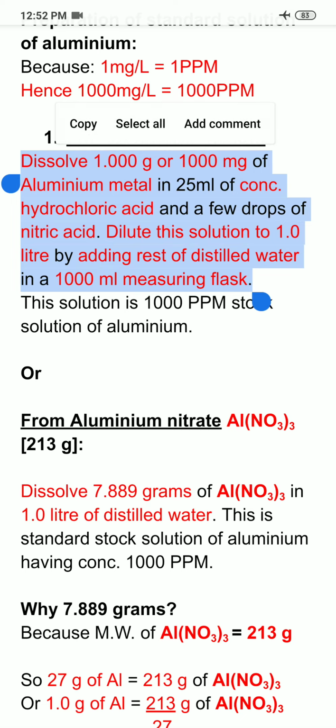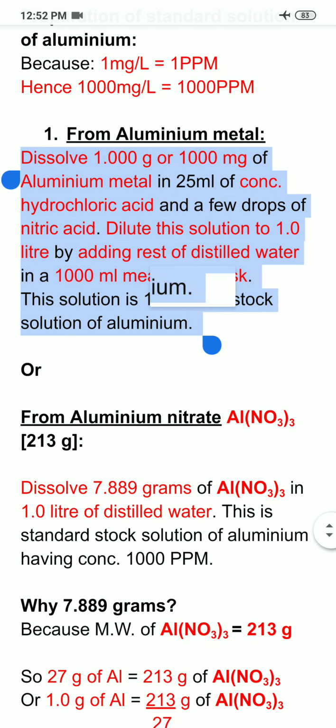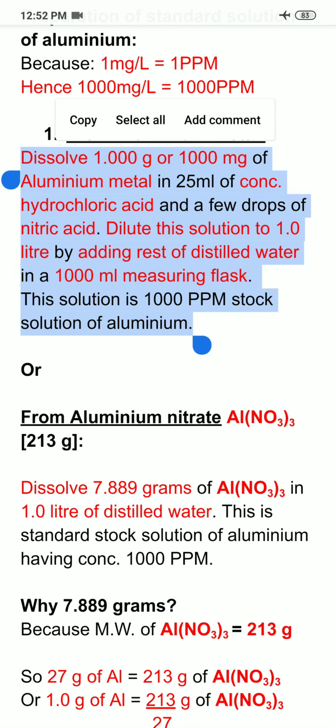We will dissolve the aluminium metal in HCl and nitric acid, and we will add that much water that is required to make the total volume equal to 1000 ml. So this would be equal to 1000 ppm stock solution of aluminium.